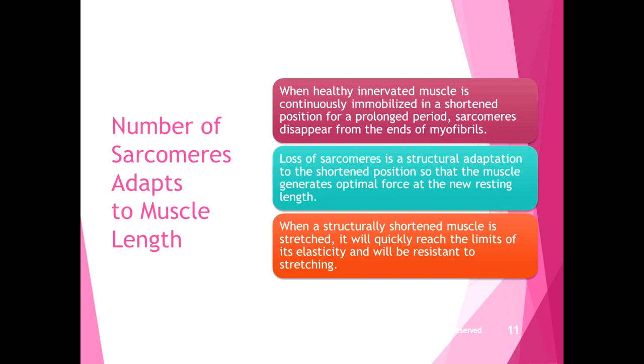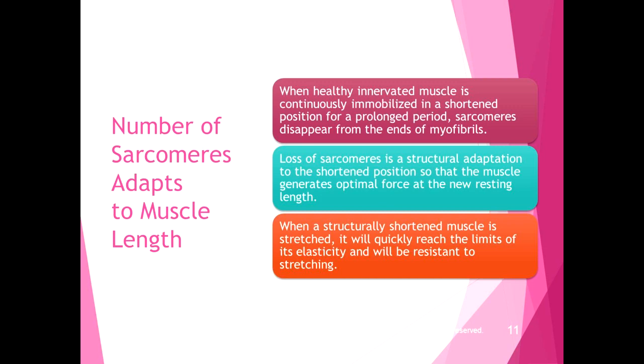So when a healthy innervated muscle is continuously immobilized in a shortened position for a prolonged period, remember we're trying to maintain that length tension relationship in the muscle, and so the body will adapt by removing sarcomeres from the ends of myofibrils.